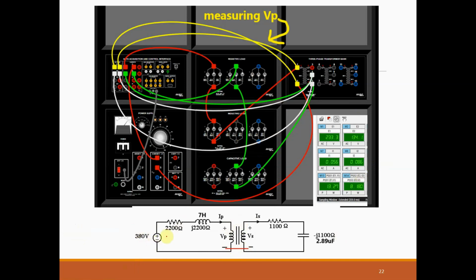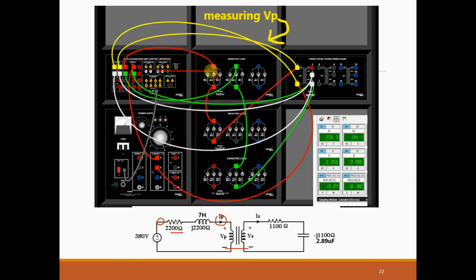I have a 380 voltage source going to the 2200 ohm, and I had to measure the IP, so I'm going to use the ammeter. I can put the ammeter here, or I can put the ammeter here. It will give me the same value. So from the source, 380 going to the ammeter, I1 positive and I1 negative, going to the 2200 ohm resistance.